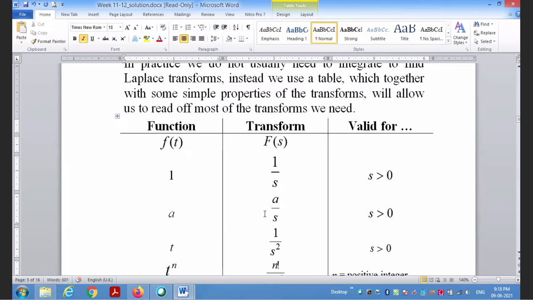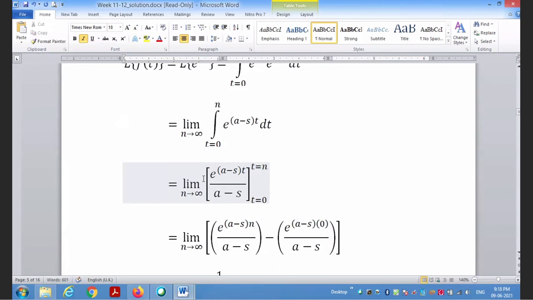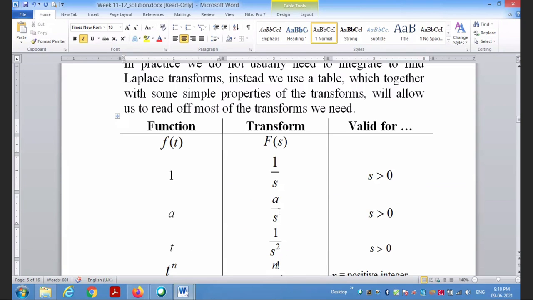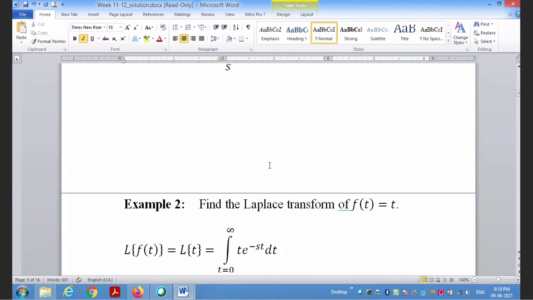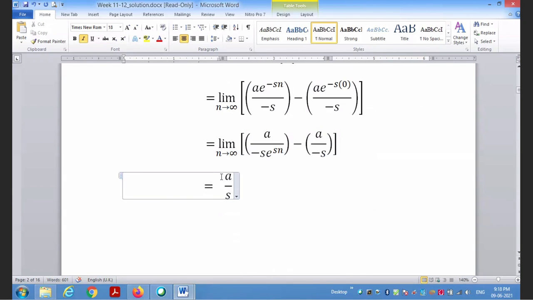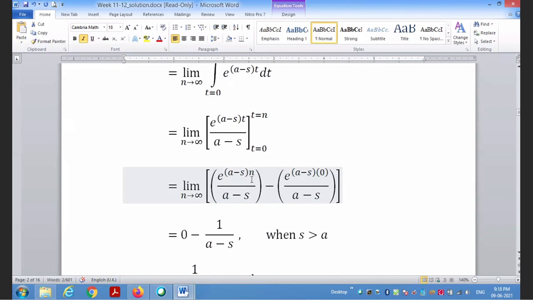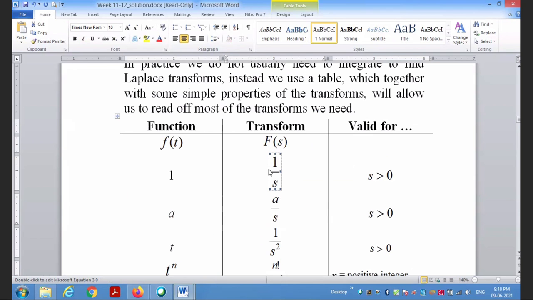The table is constructed from the definition. When a is equal to 1, that's why you have 1 over s. This is a special case when a is equal to 1, so the Laplace transform of 1 is equal to 1 over s.